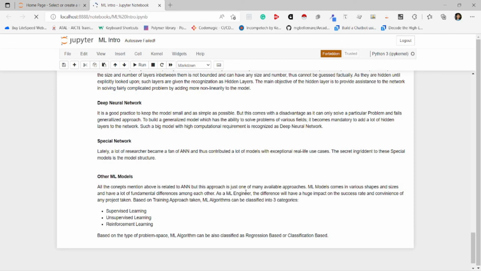Machine learning models come in various shapes and sizes and have a lot of fundamental differences among each other. As a machine learning engineer, the difference will have a huge impact on the success rate and convenience of any project taken. Based on the training approach taken, machine learning algorithms can be classified into three categories: supervised learning, unsupervised learning, reinforcement learning. Based on the type of problem space, machine learning algorithms can also be classified as regression based or classification based.